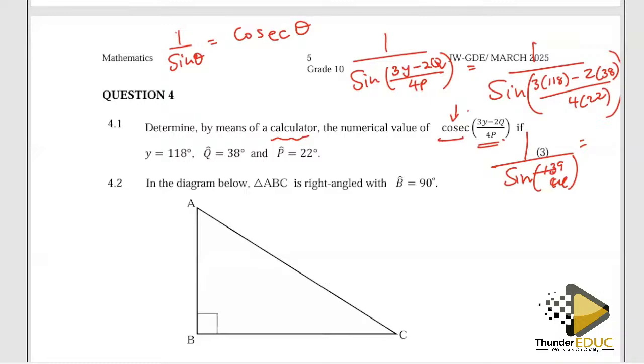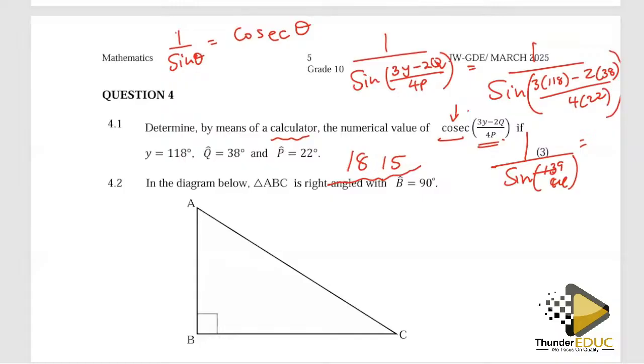Okay, I'm getting a decent answer, which is 18,145, which is the same as 15, because they told us answers should be just 2 decimal places. So 18,15 becomes our solution. Okay, so that is how we would have gone about this.